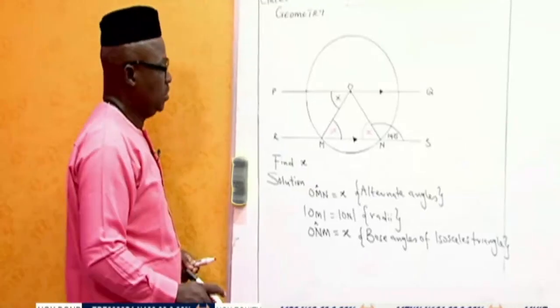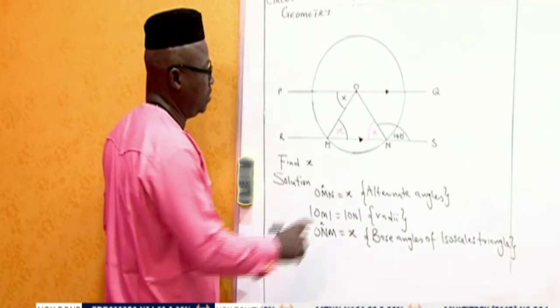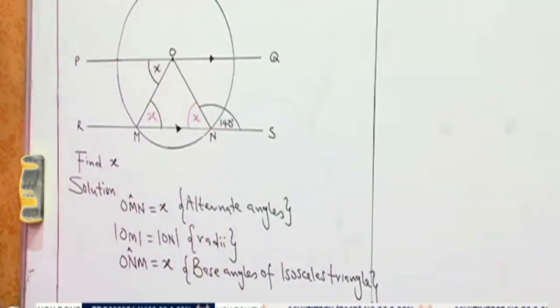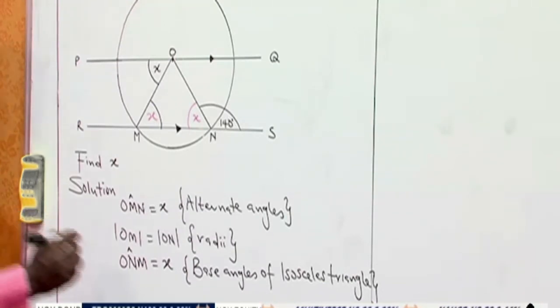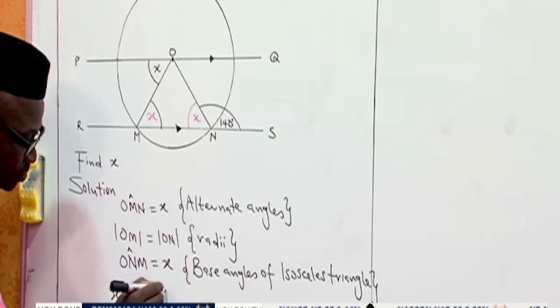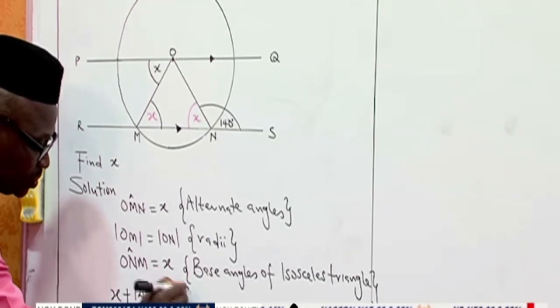So at this point, we'll be able to find the value of x because x plus 140 is going to be 180 degrees, sum of angles on a straight line. So I'll write x plus 140 degrees is 180 degrees.